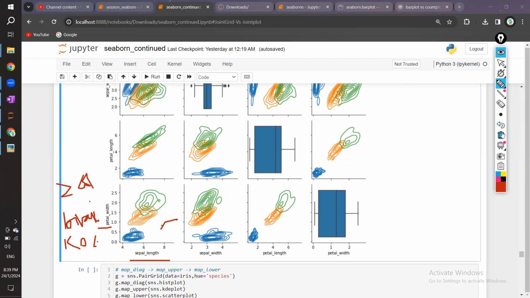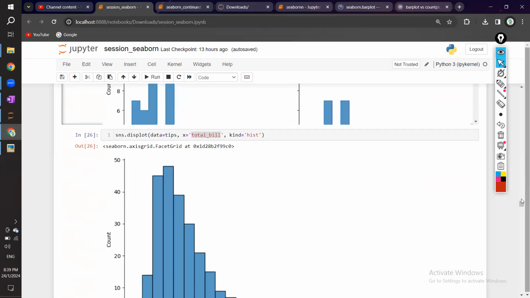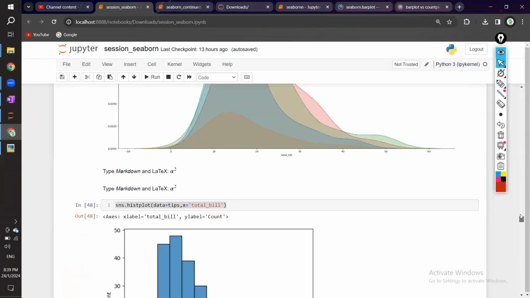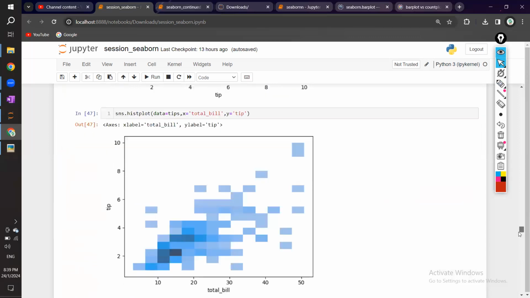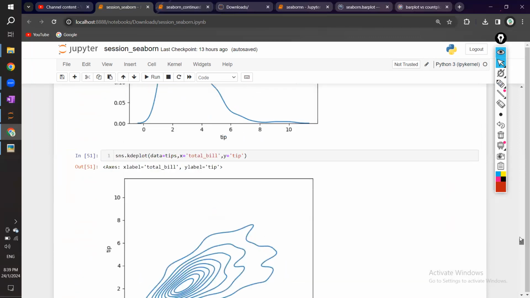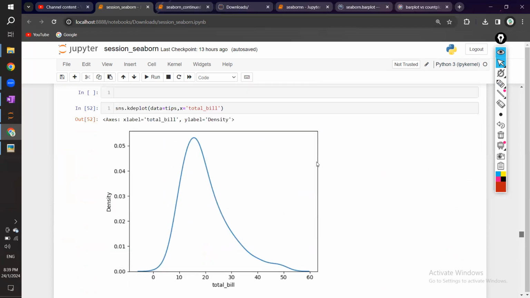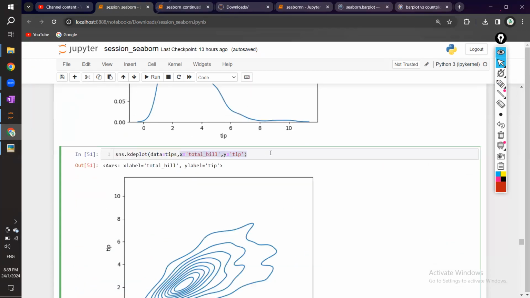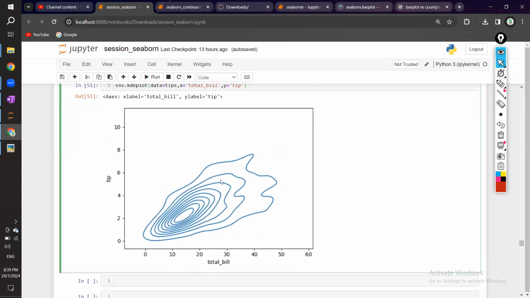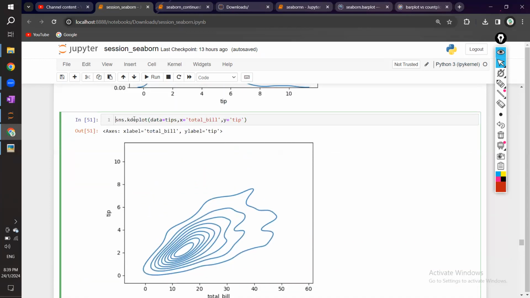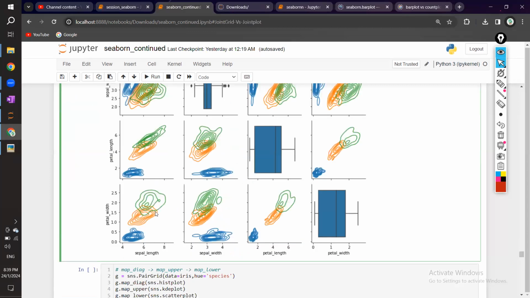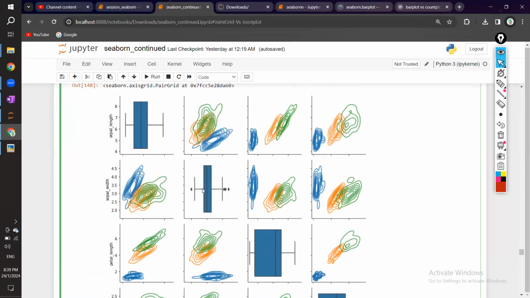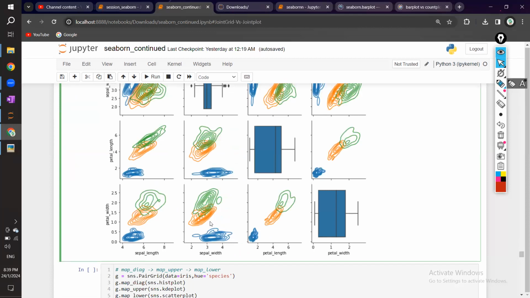So if I quickly show you, give me a second. See, this is for tip, when you combine X and Y. So this is a bivariate KDE plot. A similar thing is happening over here also. Off diagonal, that means apart from the diagonal, every other column has KDE plots.